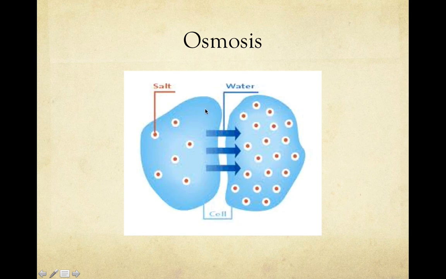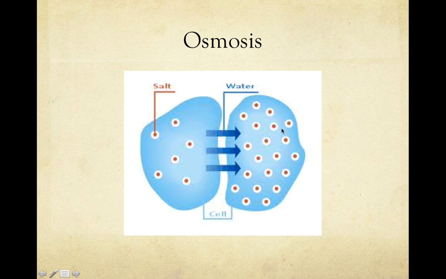So through diffusion in this process of osmosis, we're going to see the water diffusing from this left cell, the highly concentrated area. It's not highly concentrated in salt, it's highly concentrated in water on this side. It's going to diffuse and move to a lower concentrated area.